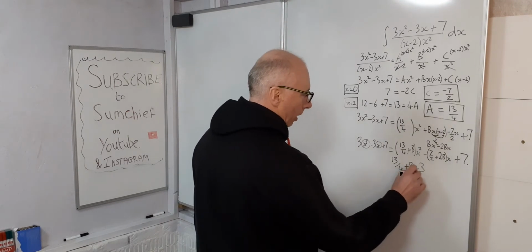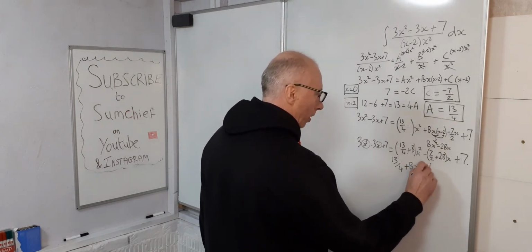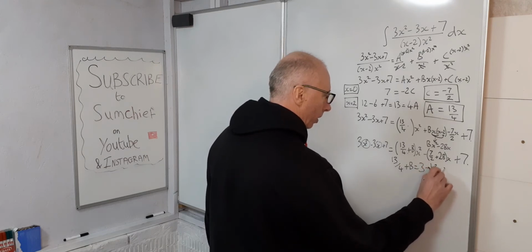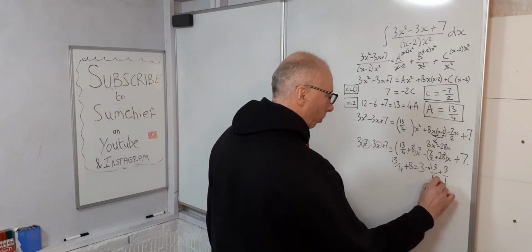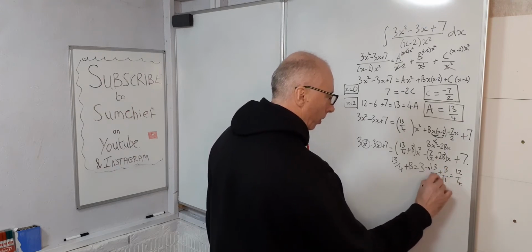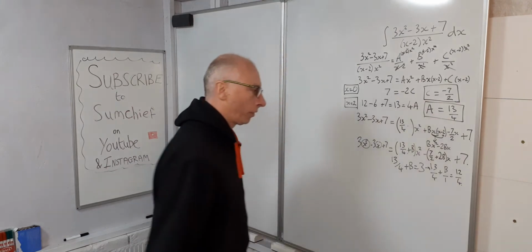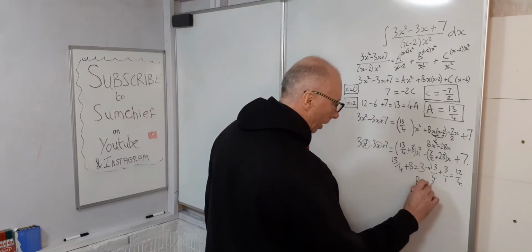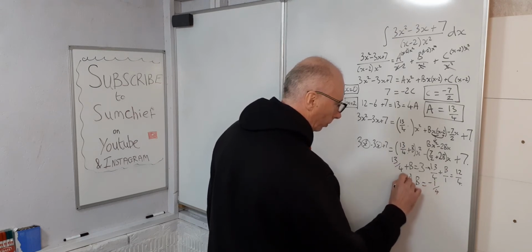So let's make that into over 12. So then that leaves us with 13 over 4 plus b over 1 equals 12 over 4. So therefore b must equal 1 over 4. Sorry, minus 1 over 4. So b equals minus 1 over 4.